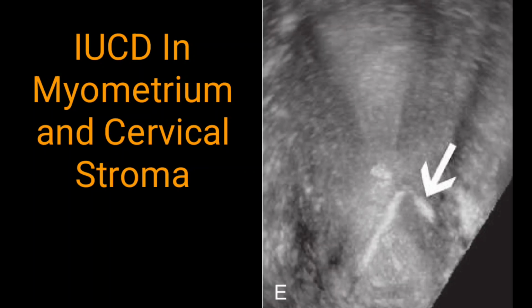Therefore you must mention in the report that the uterine cavity is empty, give the endometrial thickening measurement, and mention that the intrauterine contraceptive copper T can be seen in the lower uterine segment in the cervical canal, and both arms can be seen embedded in the myometrium.